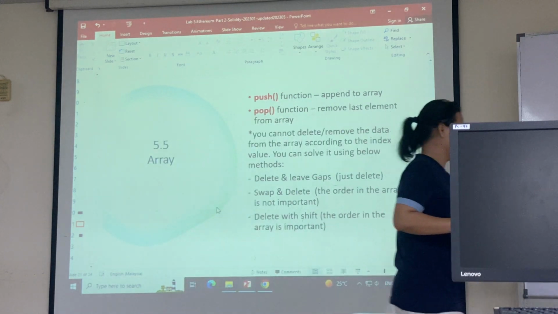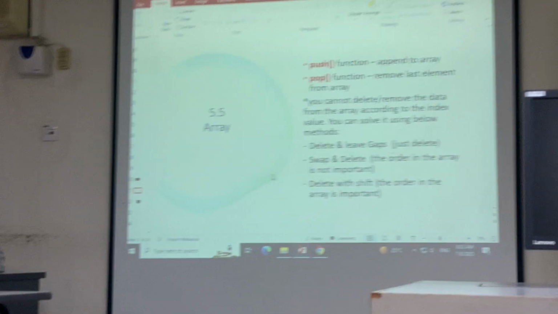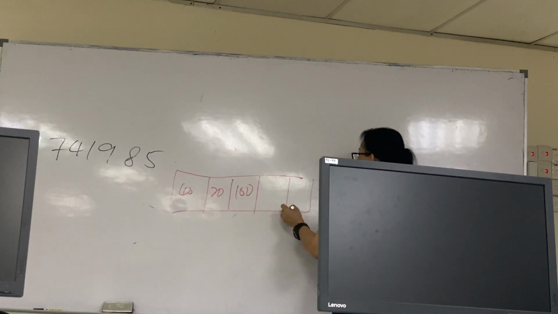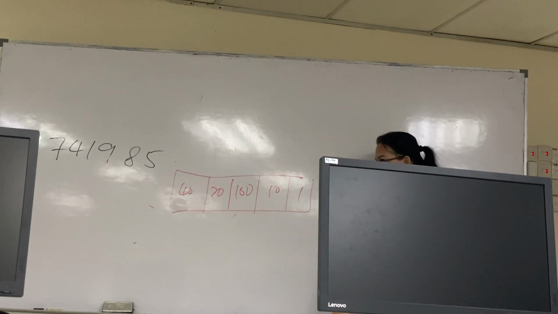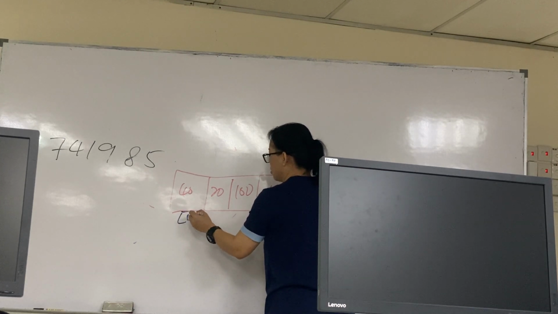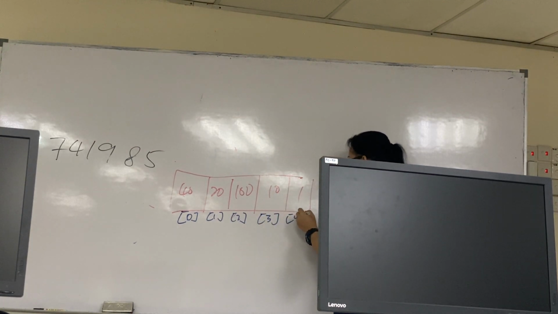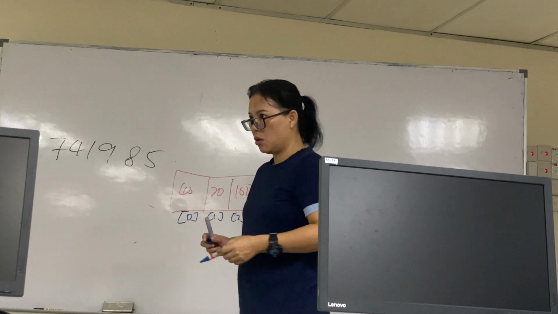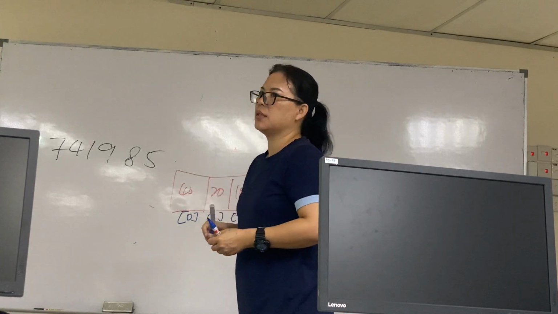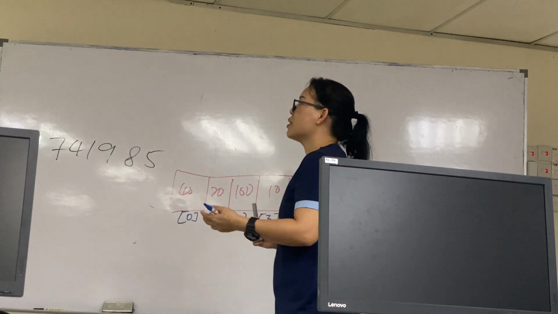So now, say I delete this one. Let's say this is an array of 40, 20, 100, 10 and 1. As you know, the array index numbers are 0, 1, 2, 3, 4. The concept is the same. You cannot delete or remove data from the array according to the index number.